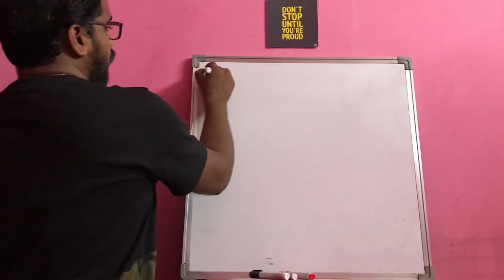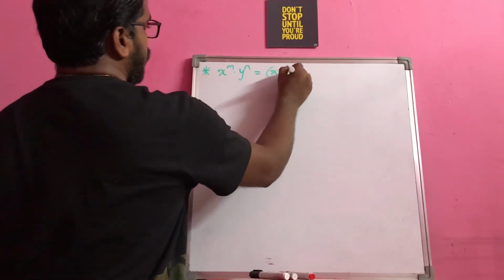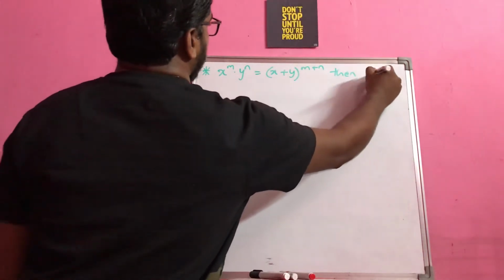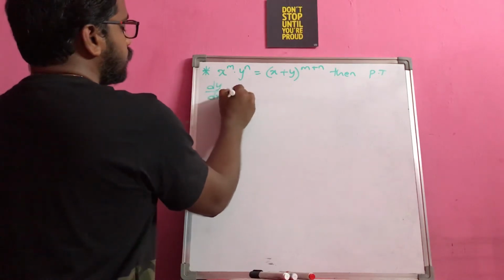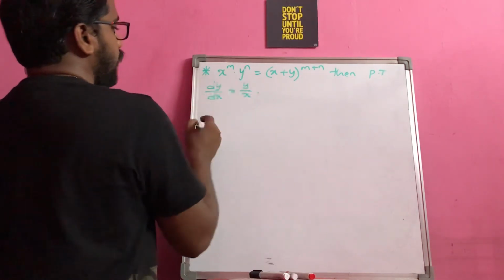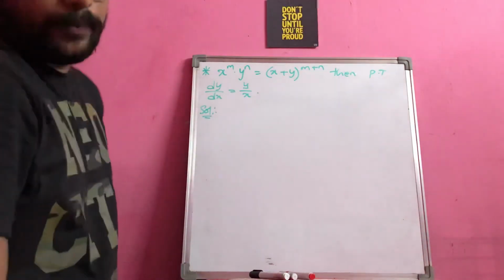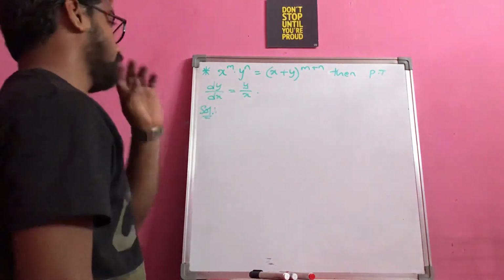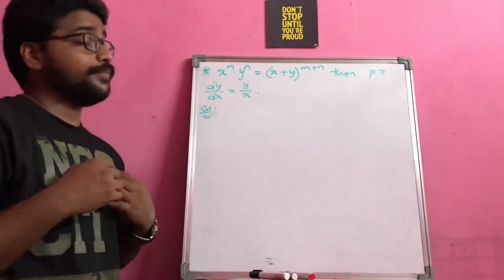If x power m into y power n is equal to x plus y whole power m plus n, then prove that dy by dx is equal to y by x. See this question, x power m into y power n is equal to x plus y whole power m plus n, then prove that dy by dx is equal to y by x.